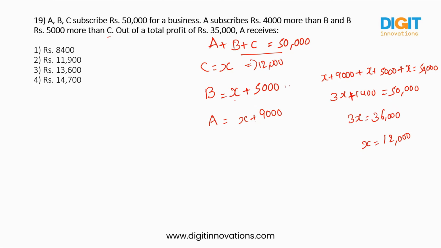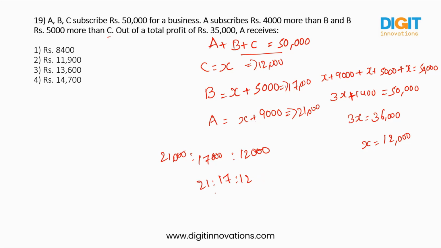Then 12,000 plus 5,000 would be 17,000, and 12,000 plus 9,000 would be 21,000. So the amounts invested by them are 21,000, 17,000 and 12,000. Three zeros get cancelled and the ratio is this: A should get 21 parts, B should get 17 parts, and C should get 12 parts.